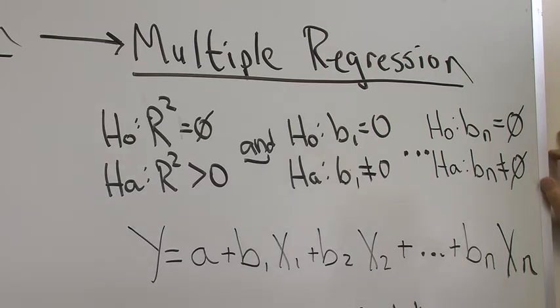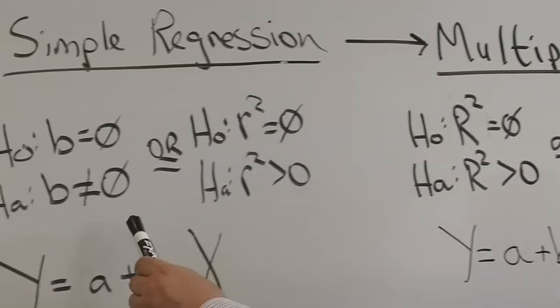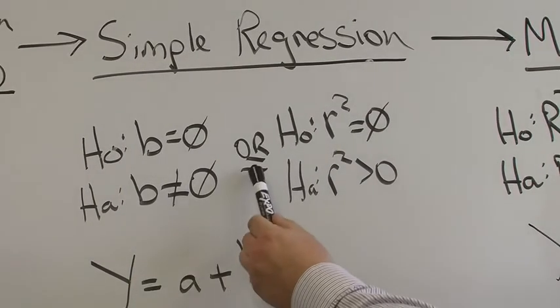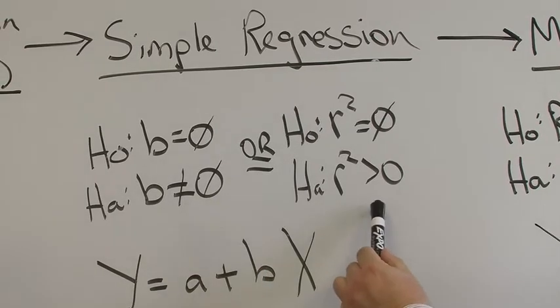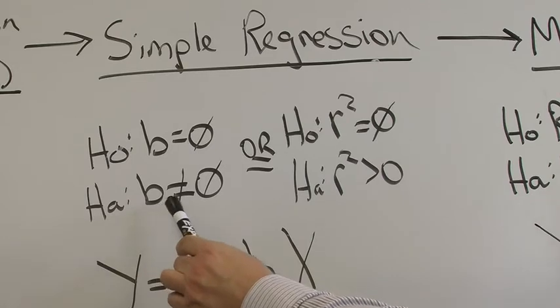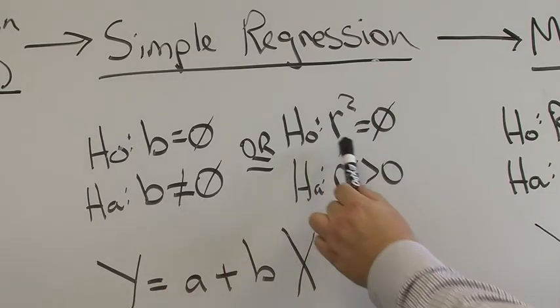And notice here, I want to take you back to the simple regression screen for just a second. Notice here, I set up this set of null and alternative hypotheses, and I use the word or, and then this set of hypotheses. If b equals 0, by definition, r squared equals 0.